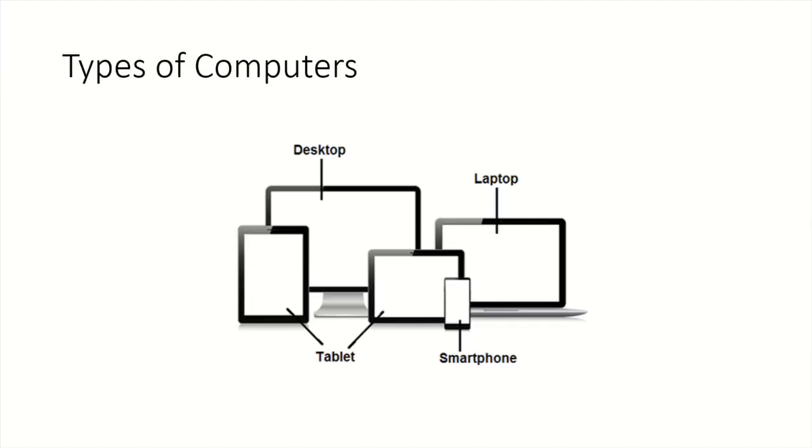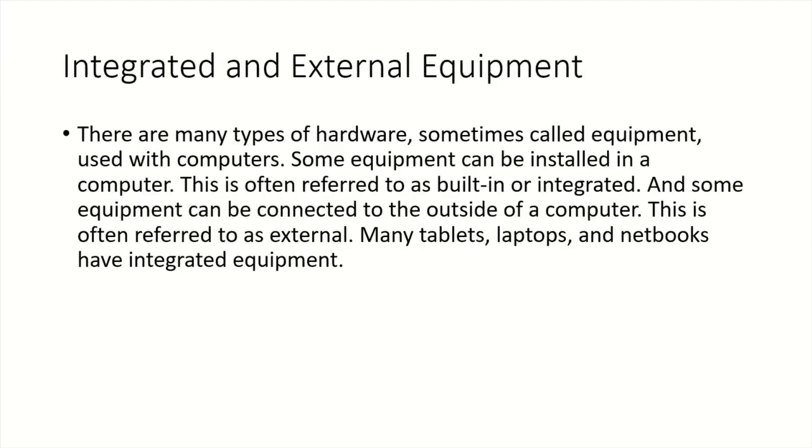As for integrated and external equipment, in order for computers to perform other activities, for example, for a computer to be able to display what it is processing, or to print, it requires other external devices, or devices that can actually be built into the computer, that will enable it to perform these additional tasks.